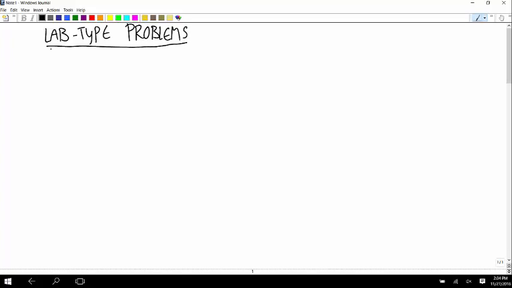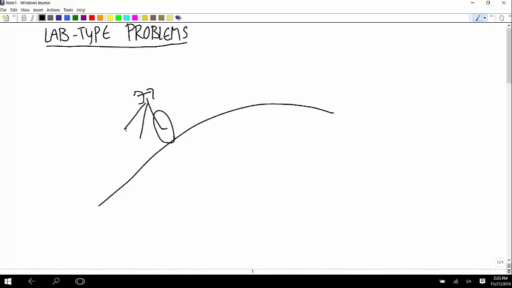Okay, so the first one. Let's say you have... no, I'm trying to draw this all perspective-y like.